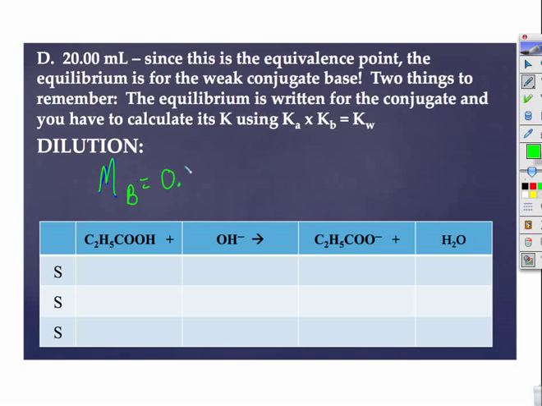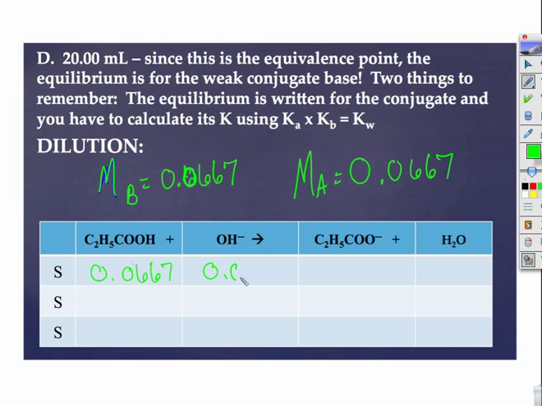Our new molarity of our base is 0.0667. And our new molarity of our acid is also 0.0667. It's the equivalence point. They better be equal. That's what the definition of equivalence point is.